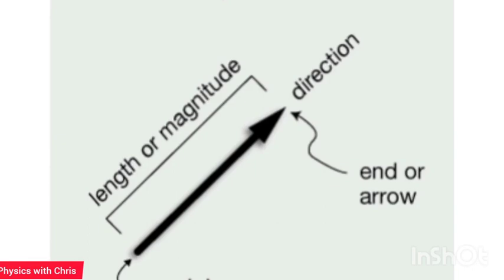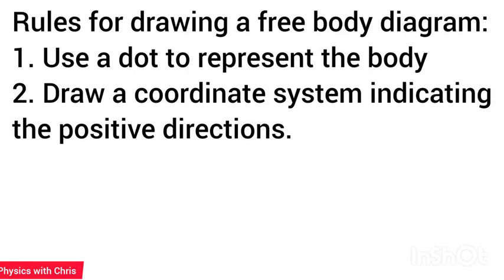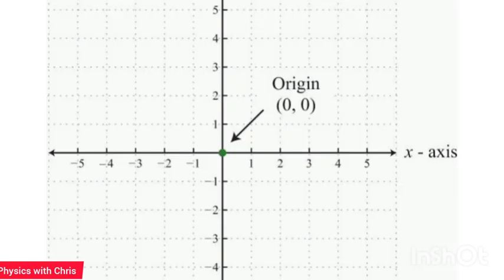So what are the rules for drawing a free body diagram? The first thing you need to do is to draw a dot to represent the object. And then the second rule is to draw a coordinate system and label the positive directions. You can even add the negative directions of the coordinate system as shown in this diagram. Then the next thing is to draw the contact forces.